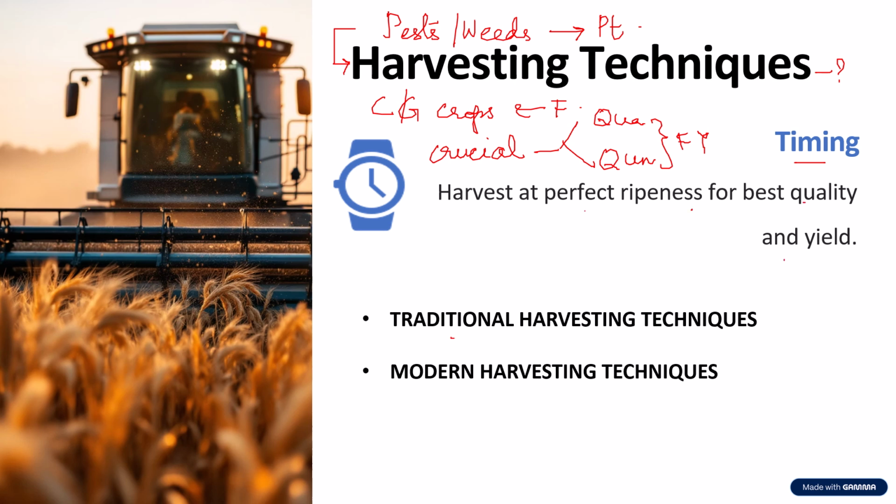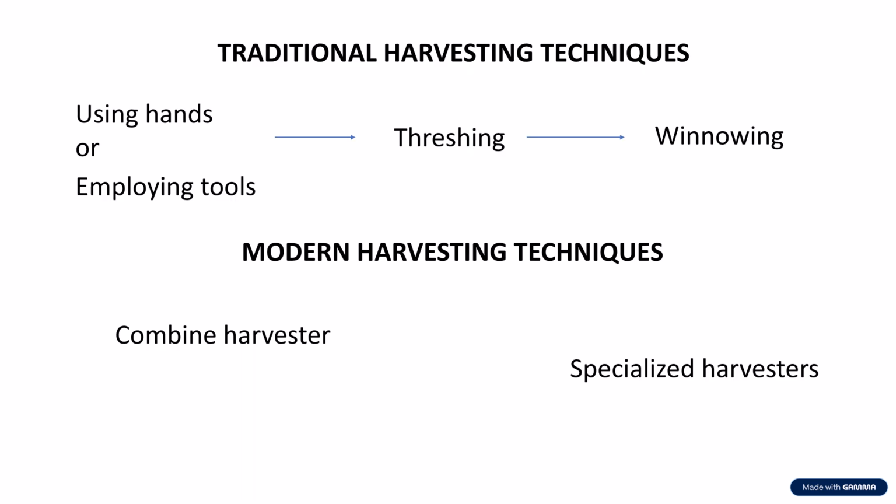It involves the traditional harvesting technique and the modern harvesting technique. Now, coming to the traditional harvesting technique, it has been performed for centuries and is still in practice for specific crops and in smaller farms.